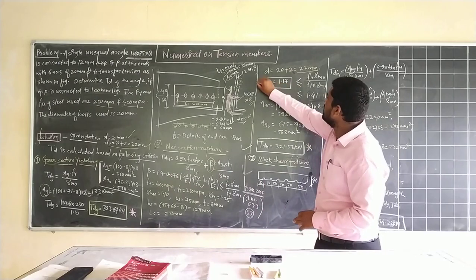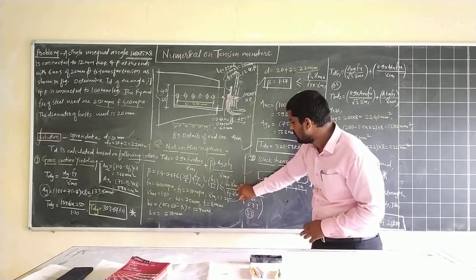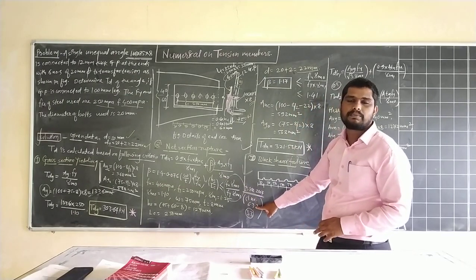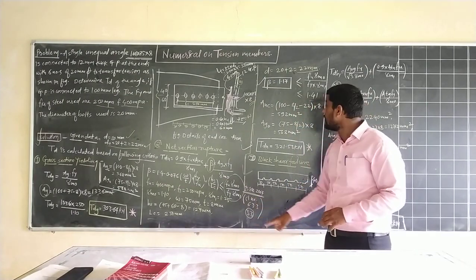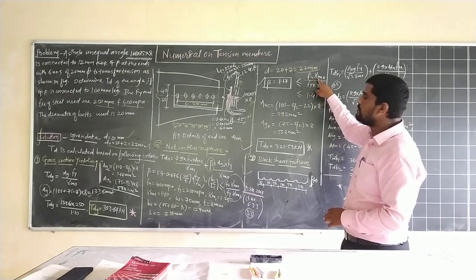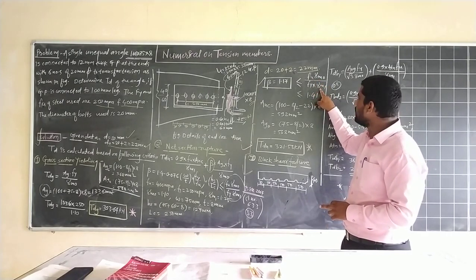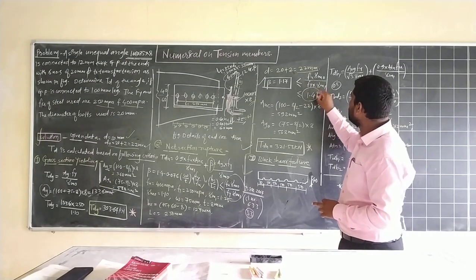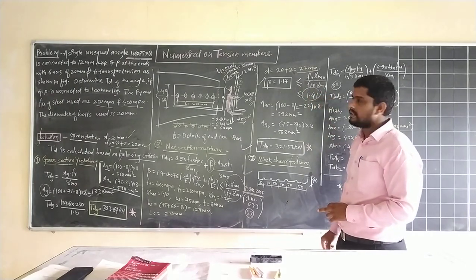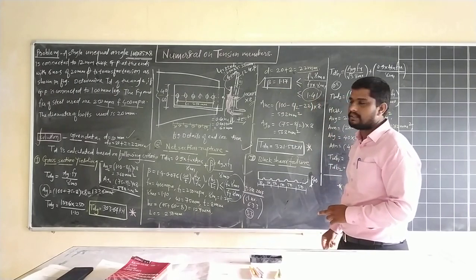Beta value will be 1.17, which is less than or equal to, as per clause 6.3.3, page number 33, Fu into gamma m0 divided by Fy into gamma m1. So Fu is 400 into gamma m0 of 1.1 divided by 250 into 1.25. So this value will be less than or equal to 1.41. So the beta value of 1.17 is less than 1.41.